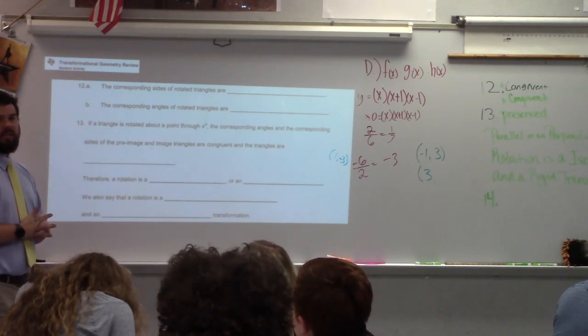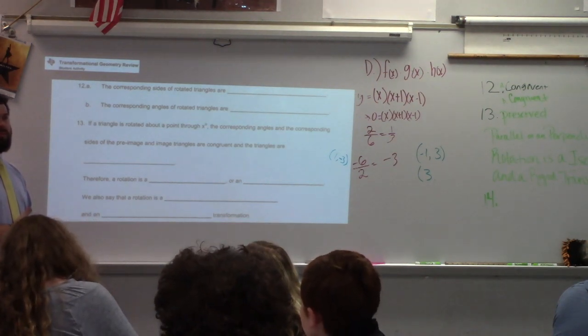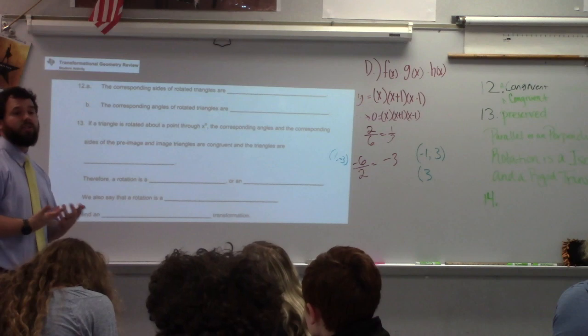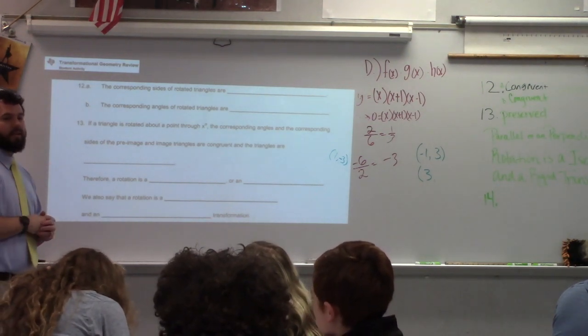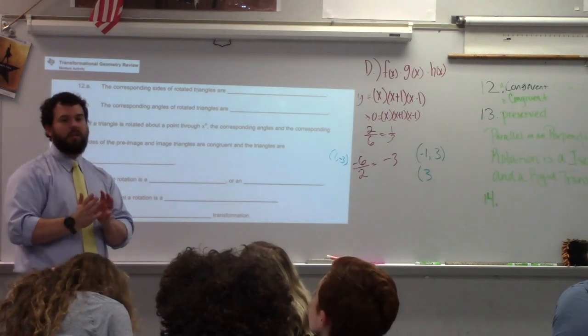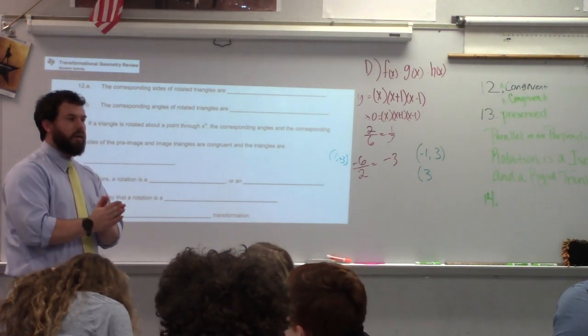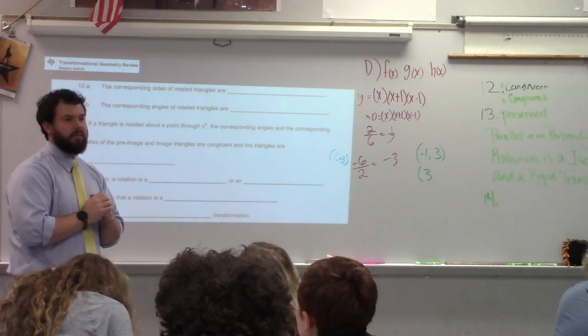When are the corresponding sides parallel for a rotation? Which rotations give us that same slope? Translations give us parallel line segments, but I'm talking about a rotation right now. Only the 180 degree rotation gives parallel line segments.